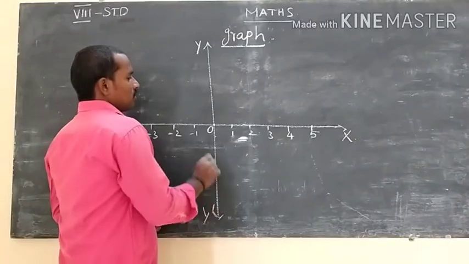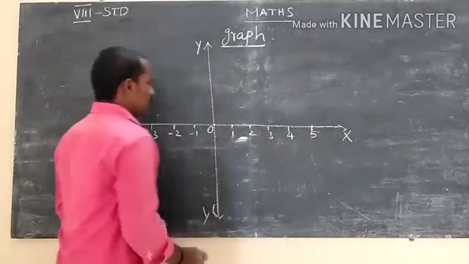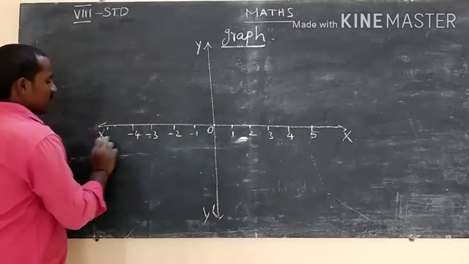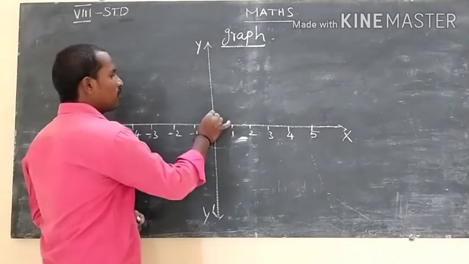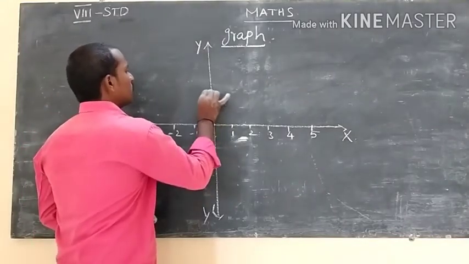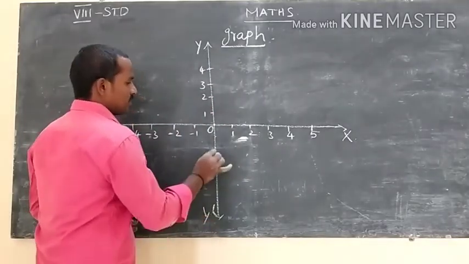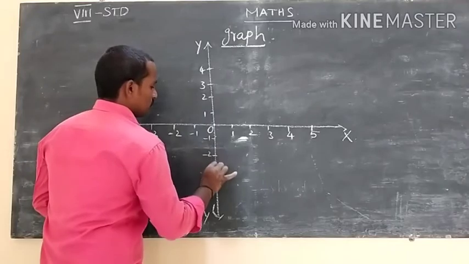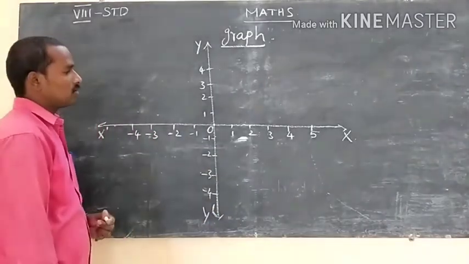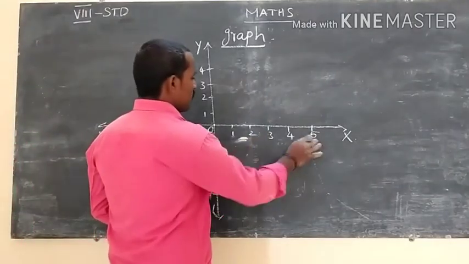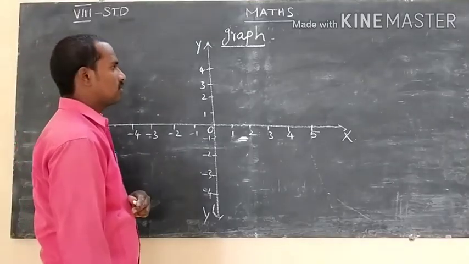The y coordinate of a point is positive along OY and negative along OY dash. OX is positive and OX dash is negative, and the same manner applies for the y-axis.